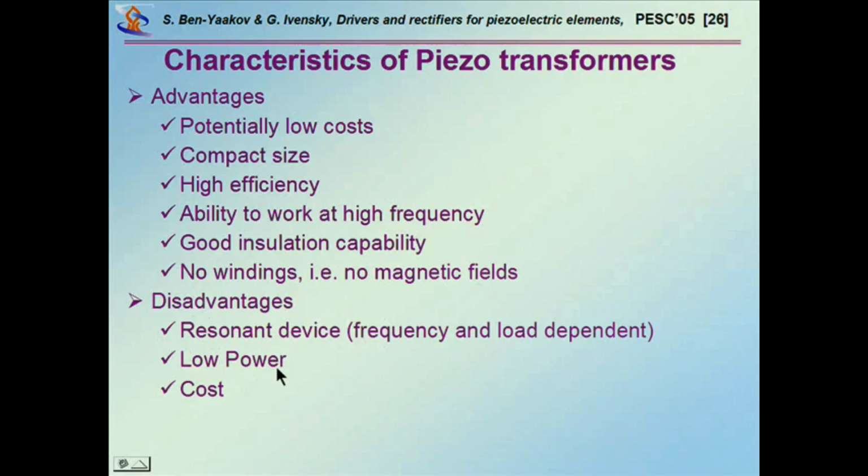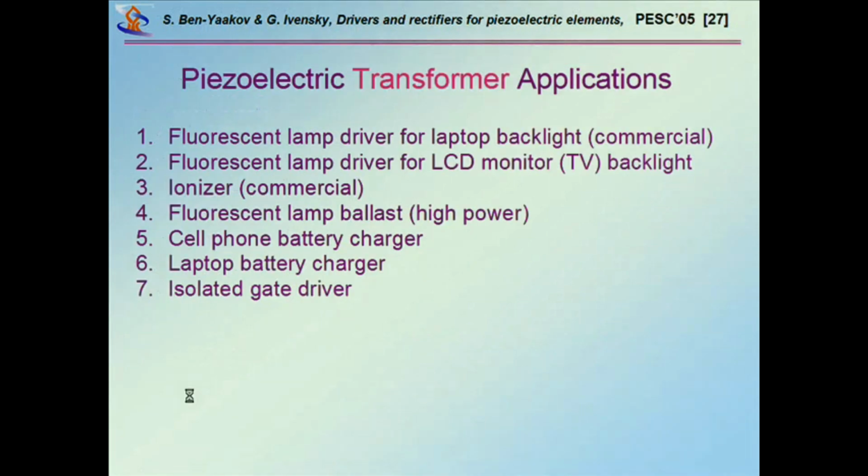We'll talk about it later. It's still low power. The highest we can go today is something like 40 watts. And of course the cost today, although the cost is really dropping down. Since I've been in this area, it's been going down by a factor of more than 10 in about 3-4 years. So it's going to improve.